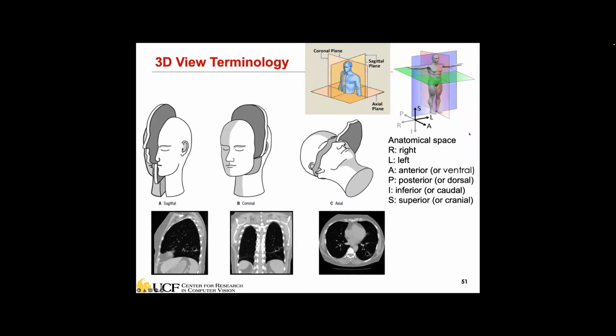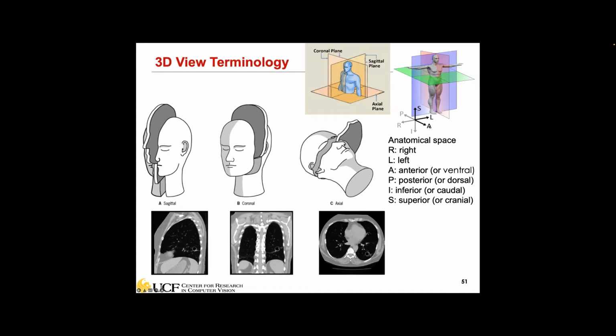Also, here are some of the locations or directions indicated in this anatomical space. We have right and left, as shown in this image. We also have anterior or ventral, which is the front, with A indicating the anterior.